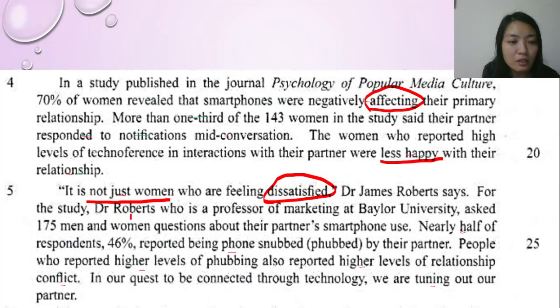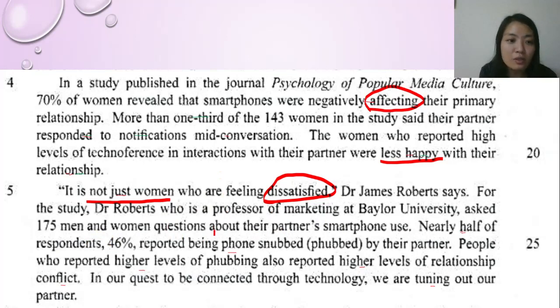Oh, okay. I did a little mistake here. Just now, talking about the women more than men, actually you didn't have to look up here already. Because the question was about Dr. Roberts' study. So you can ignore this whole part. You want to find the study from Dr. Roberts. So Dr. Roberts said here, not just the women. 175 men and women were questioned. But nothing about being more. So just now we can cross that one.